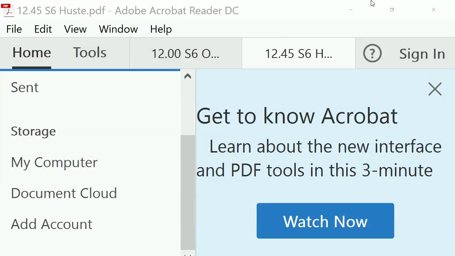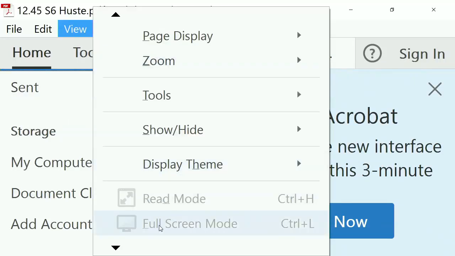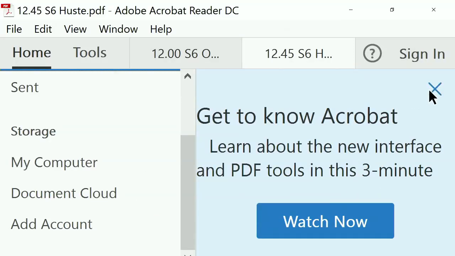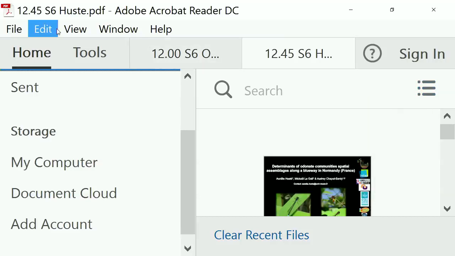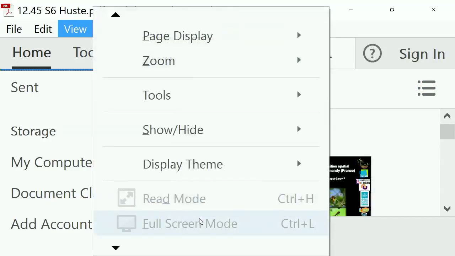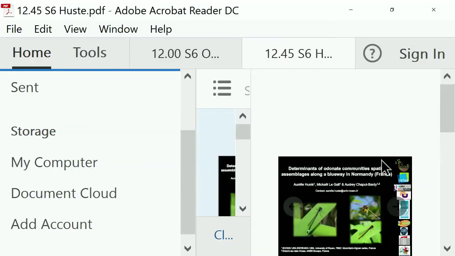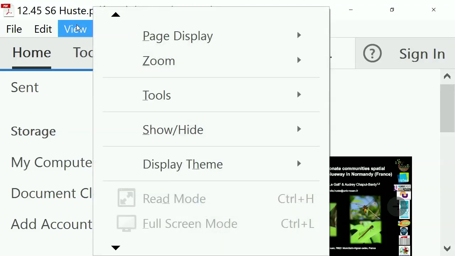Okay, there's a tab open. I don't even know where the... Oh, there it is. Cancel that. No. Let's try that. Maybe now. Yeah, nope.